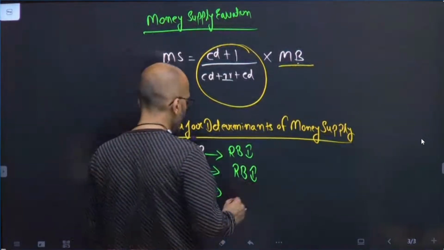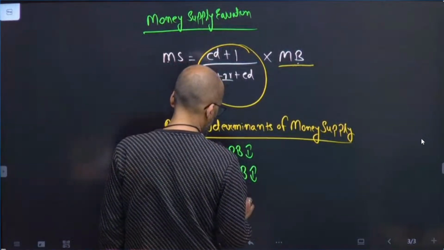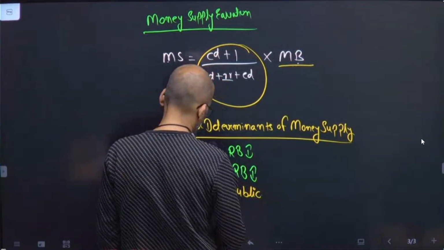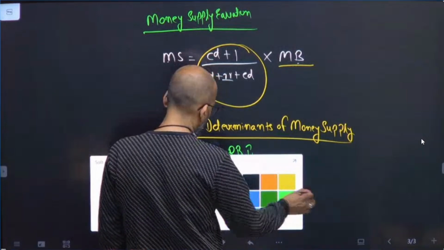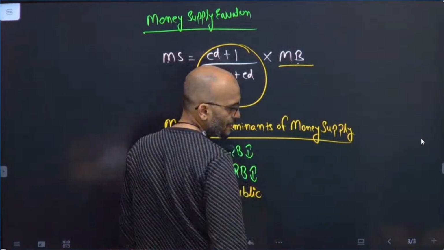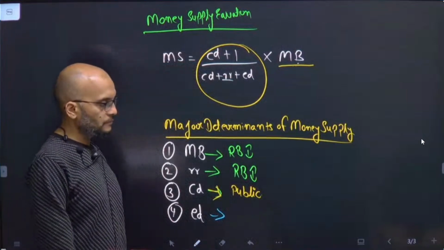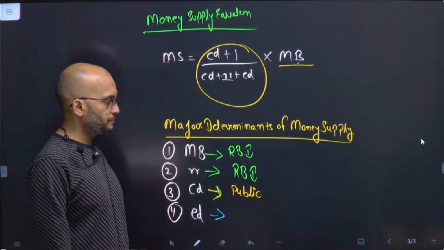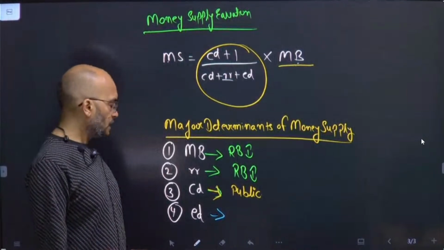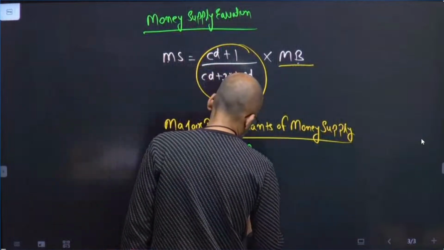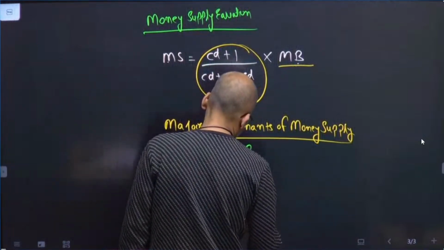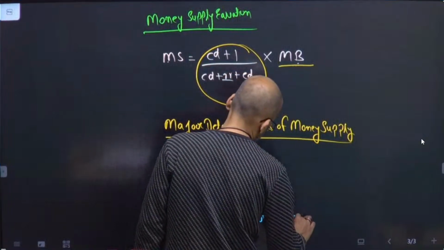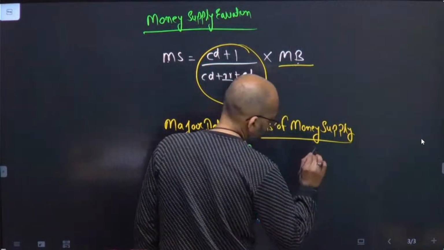The public. Consumers of money, public. And what about ED? Who determines ED? Commercial banks. Yes. ED is totally under commercial banks, how much they want to keep. Noted.